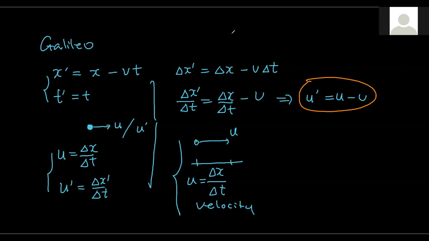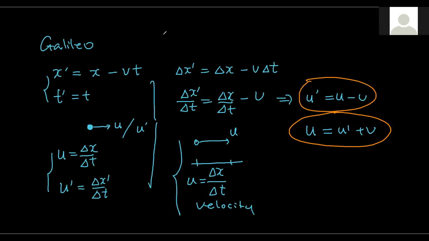You can also rewrite this formula as u equals u prime plus v. Both are equivalent. These are called Galileo's transformation, because in Galileo's transformation, number one, t is absolute, and number two, there is no gamma factor.